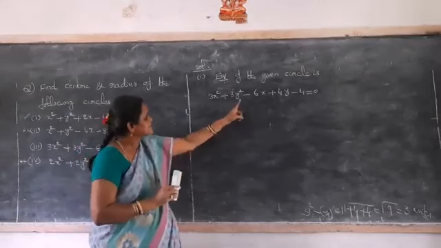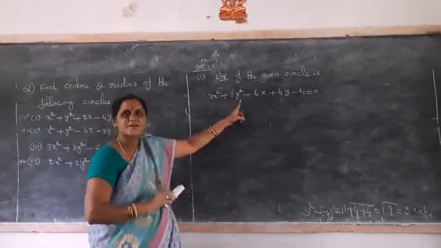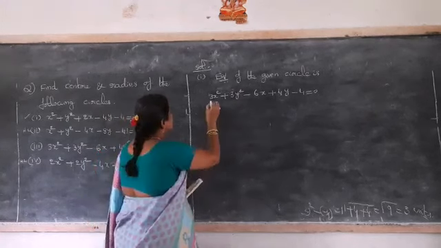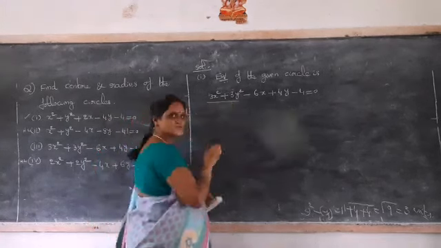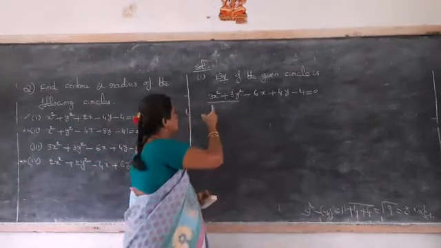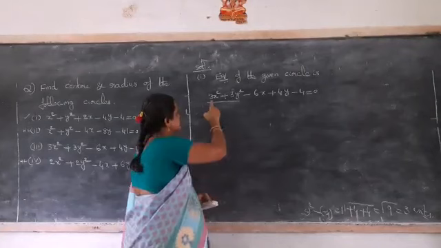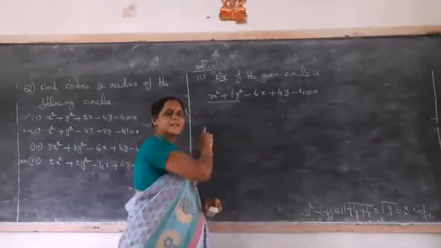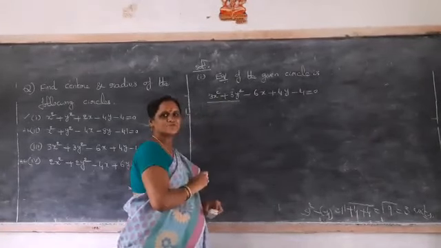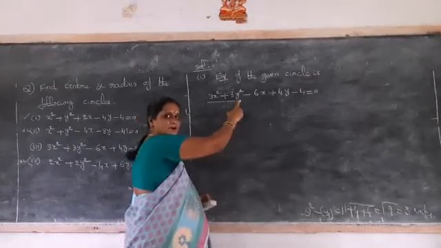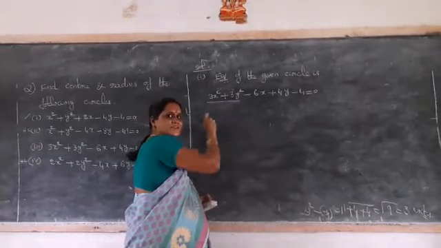Okay, here you see this equation is not in standard form, because here you should have x square plus y square, but we have 3x square plus 3y square. మనకి ఇక్కడ x square plus y square ఉండాలి, 3x square plus 3y square ఉంది. To get x square plus y square form, you divide this equation with 3.